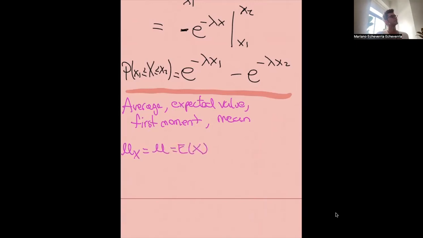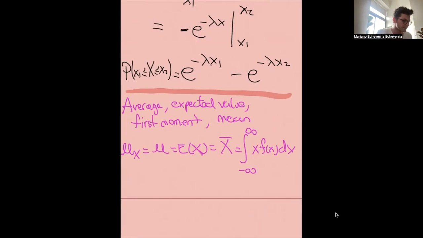Those are the most typical names for the expected value. Sometimes you will also find the bar, although I think that's more common when every outcome is equally likely. That's literally just the integral from minus infinity to infinity of x times f of x dx.